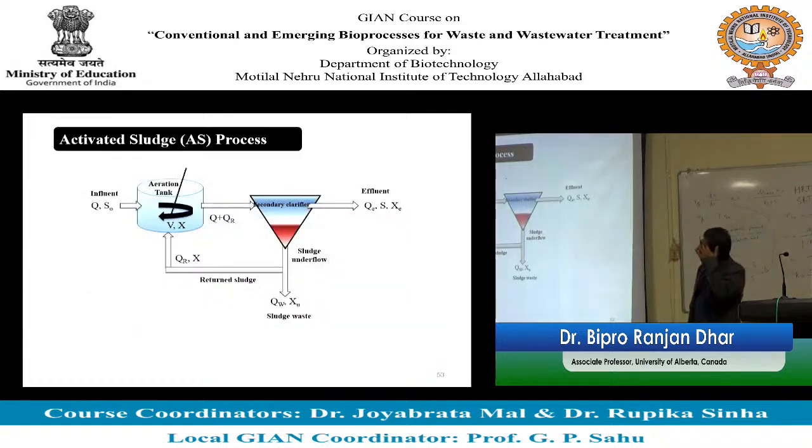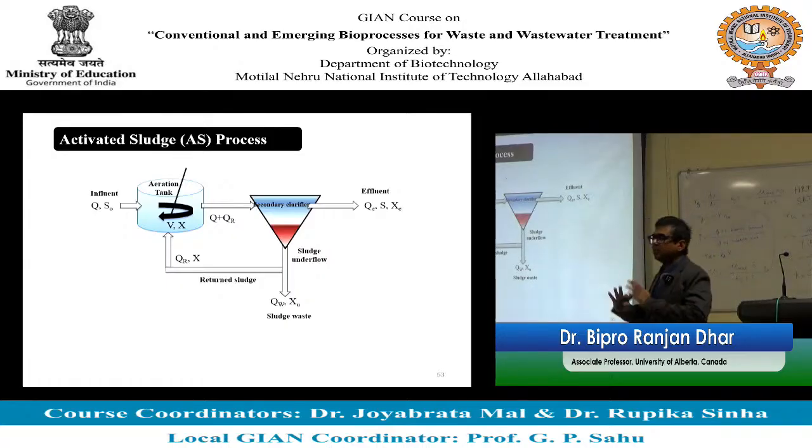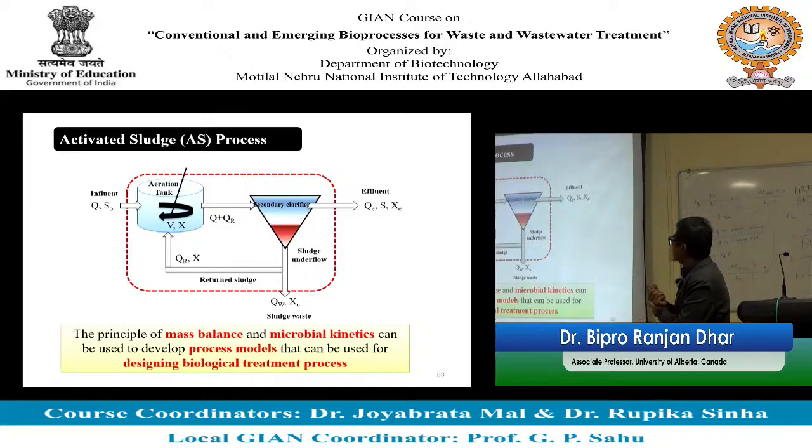Okay, so activated sludge process. This is the diagram that we used many times, even when I was solving some problems. So how can we use this to develop a design equation? To establish a design equation, we need to use the principle of mass balance and microbial kinetics.